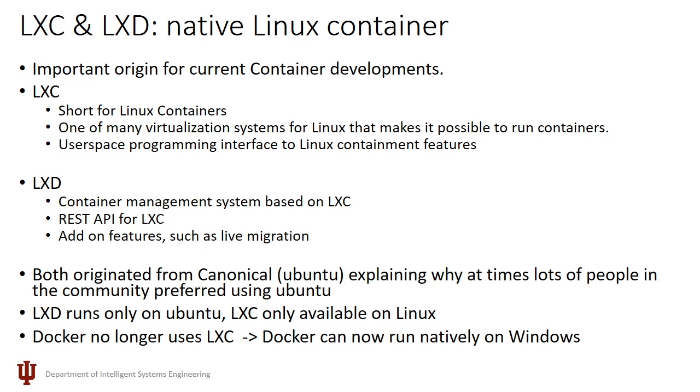So LXD also provides an add-on feature to do, for example, live migration. This originated in Canonical, which means Ubuntu in this case. And this also explains why a lot of people at the beginning, a couple of years back, didn't actually use other operating systems. They all wanted to use Ubuntu because of these particular features being offered within the operating system.